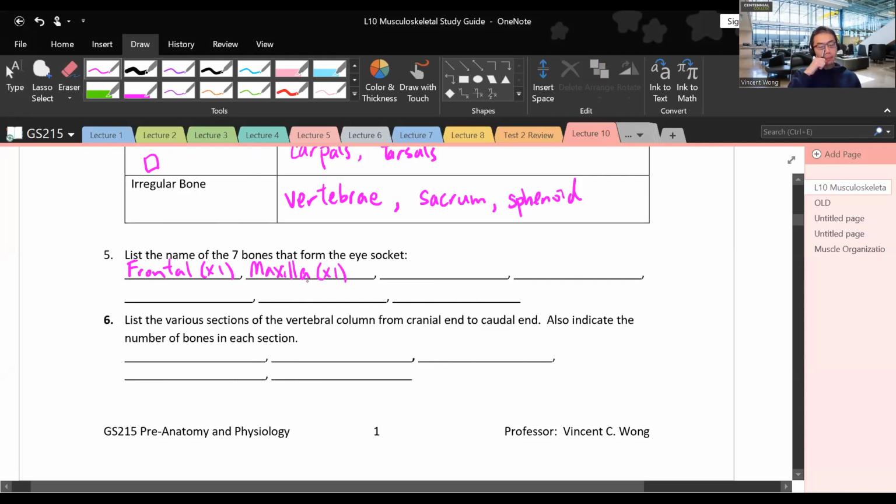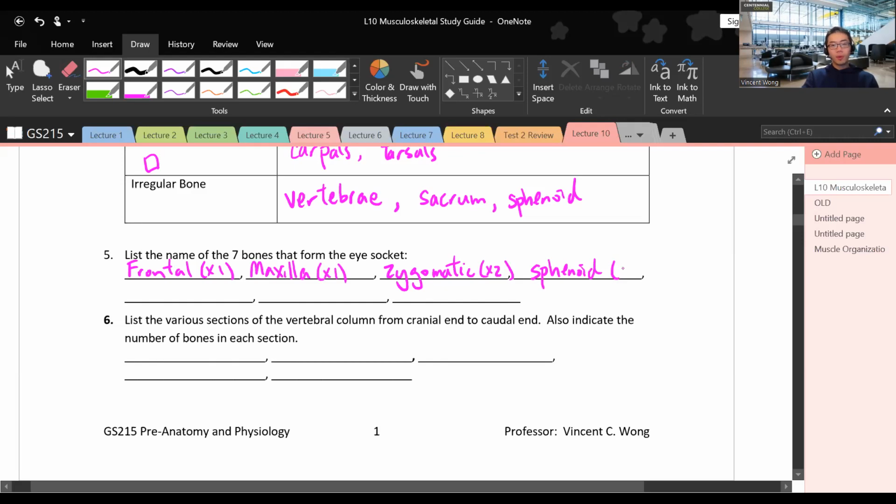It goes all the way up to the middle and the bottom of the eye socket. Zygomatic. That's the cheekbone. How many zygomatic bones do we have? If you're thinking 2, that would be correct. Sphenoid bone. That's the one at the back.